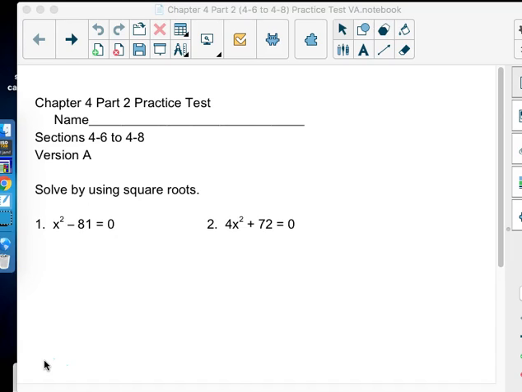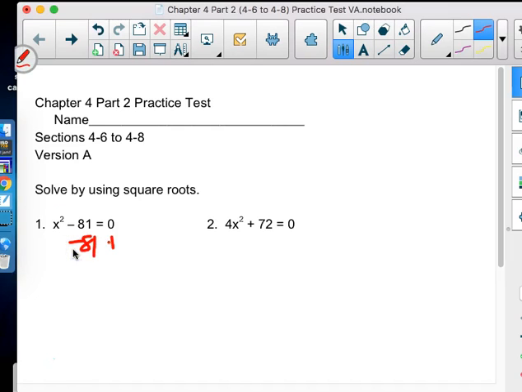Analyze it. Tell me what you do. Add 81. Sounds like a good plan. Square root of both sides. What do you have to be careful about?